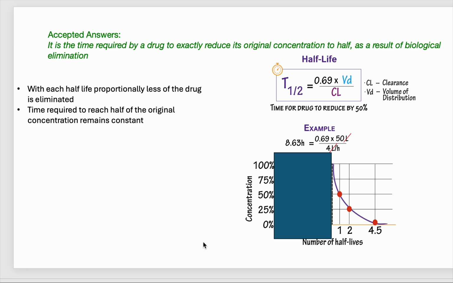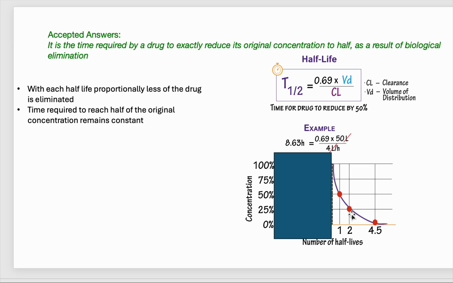After one half life, you're left with only 50% of the drug, that is 50 mg. After the next half life, half of the remaining 50 mg is 25, right? So you'll be left with 25% of the drug.